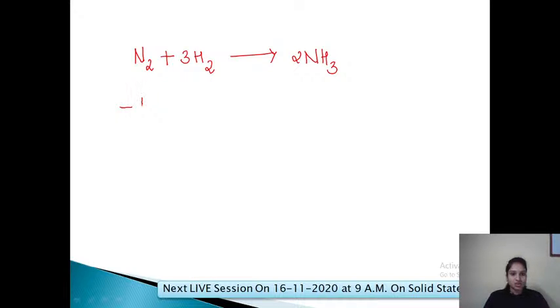Minus 1 upon whatever stoichiometric coefficient is here. Nothing is there, which means 1.